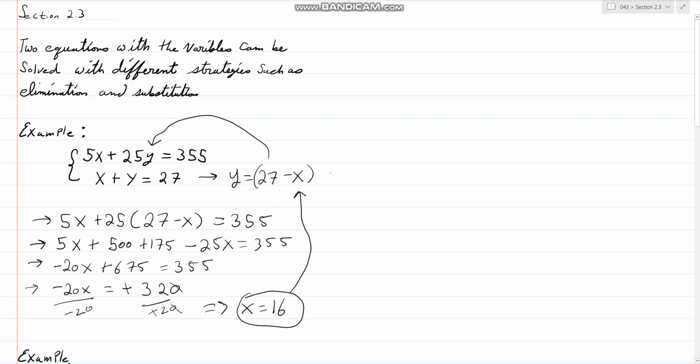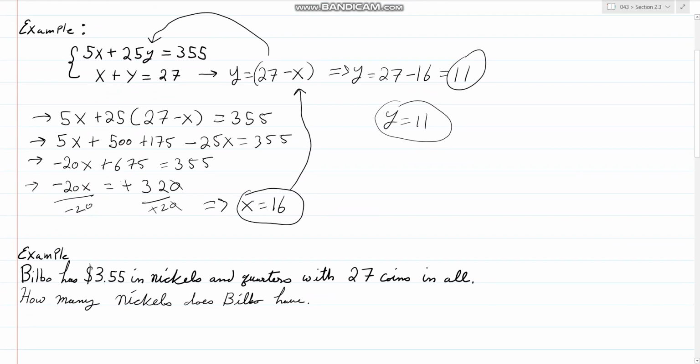So now I know that y must be 27 minus 16, okay? And that looks like that must equal 11, okay? So I've determined that y equals 11 and x equals 16, okay? And that's one way you can do it, and that was the method of substitution, okay?